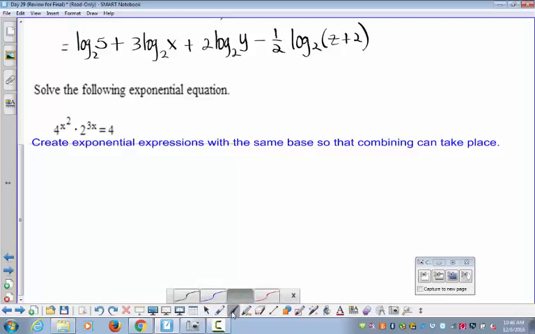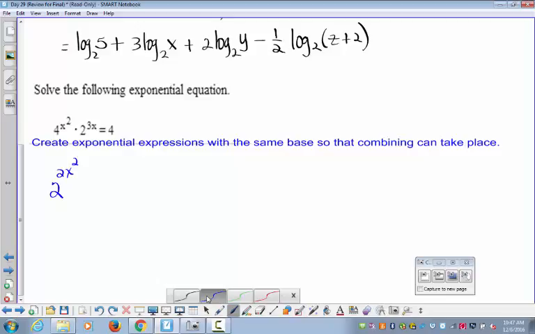So here's what I'm going to do. The obvious base to try to get everything written as, well, I guess there's multiple perspectives. I think 2 is kind of the natural way to go. You could say, hey, I can turn that into a 4 if I'm clever, and yeah, you could, but it's really a pain. I think the natural way to go is to turn all the bases into 2.